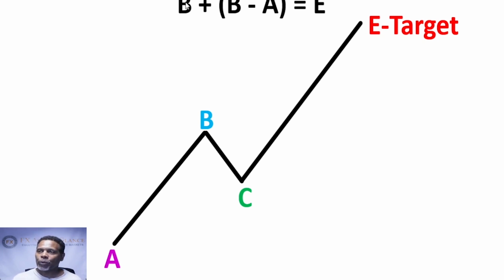So what that would mean is B plus B minus A. So take this AB leg and add it to the top of B. So if this is 100 pips or 200 pips or whatever, you add that 100 or 200 pips to the top of B, and that will give you that E target. That's going to be one of the largest or deepest levels that you're going to be looking for when you look for targets.